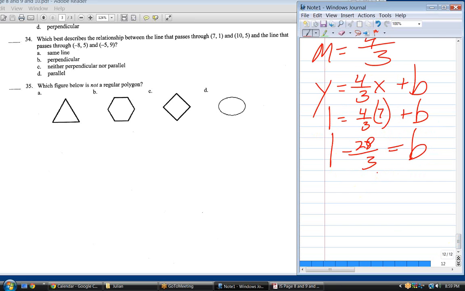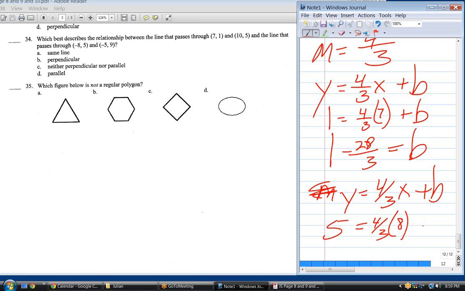And now let's solve the second one. The second one is y equals 4 thirds x plus b, but it's a different point. So let's pick this one, smaller numbers. So 5 equals 4 thirds times 8 plus b. So here our b is 5 minus 32 thirds.